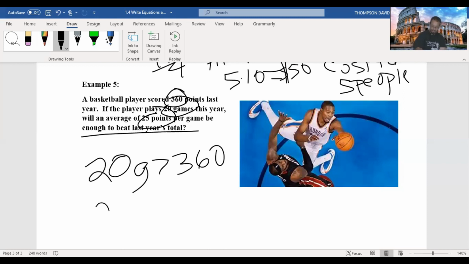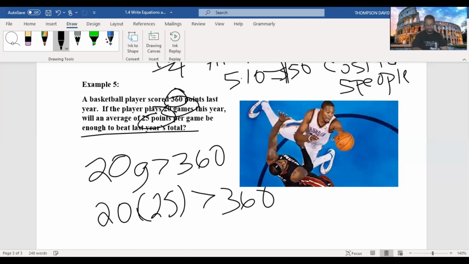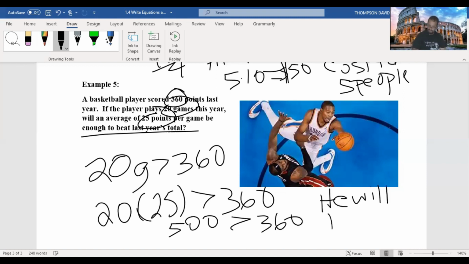To figure that out, we're going to plug in 25 for the points per game and see if 20 times 25 is greater than 360. And 20 times 25 is 500, which is greater than 360, so he will beat last year's total. And we are done.